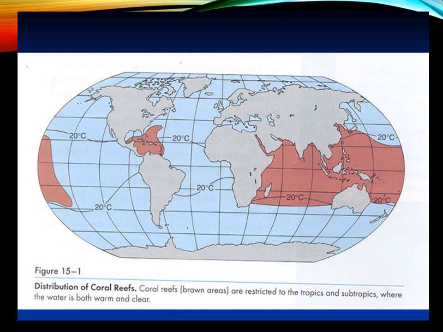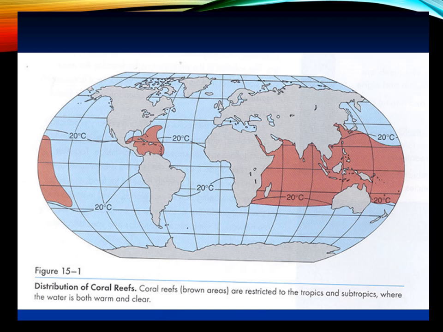All right, coral reefs are found in tropical zones, and because they have those photosynthetic algae, it needs to be shallow enough that light penetrates. So you find coral reefs in tropical regions near coast where there's warm water. Those three things have to be present, and you can see from these reddish indicators where coral reefs are located.